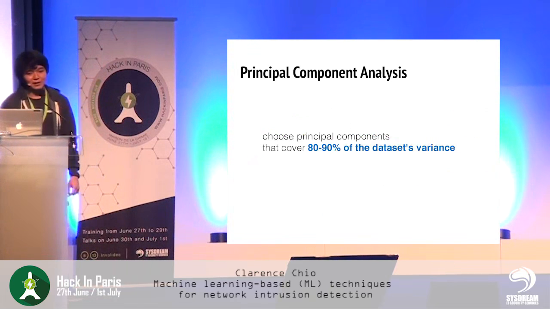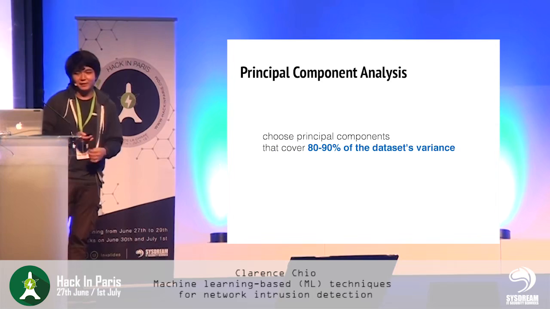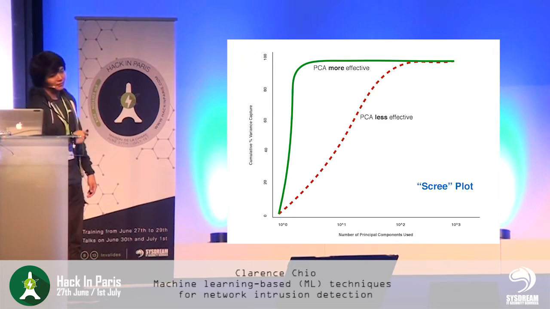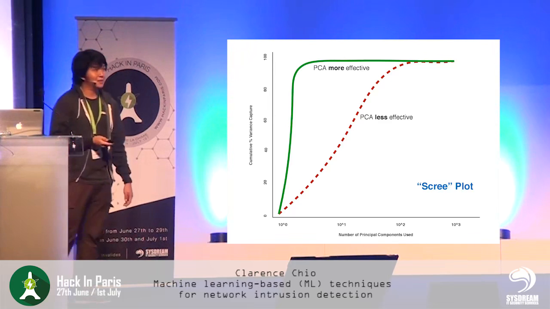So you want to choose principal components that cover 80 to 90% of the data set's variance. If you have a curve like this, choosing, let's say, on the order of one feature and covering 80 to 90% of the variance, then that's a good application of PCA.